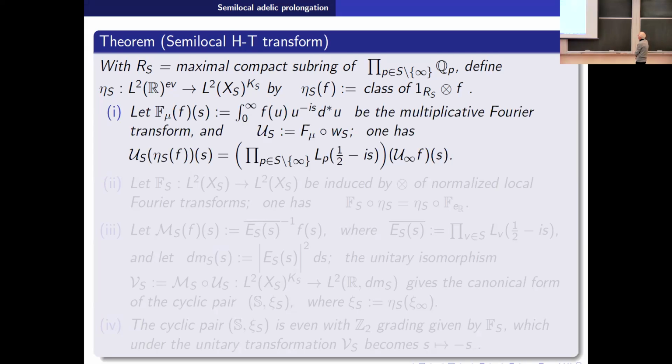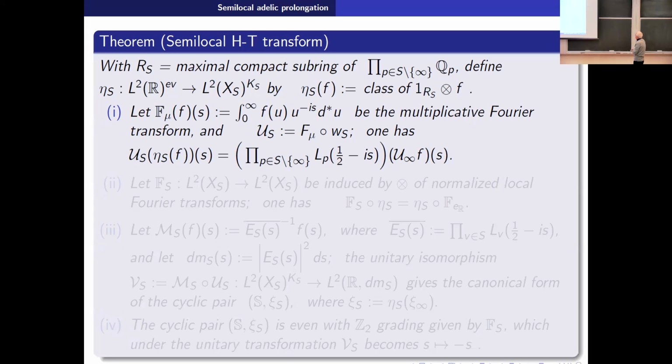Okay. And now another piece of notation is we need a multiplicative Fourier transform. And it's just the natural one in this context, for each, well, the measure mu is fixed.